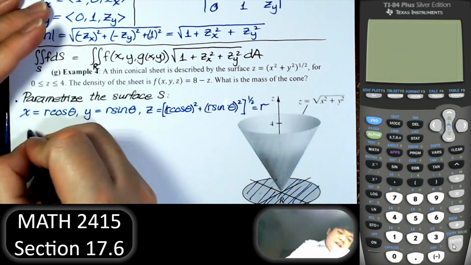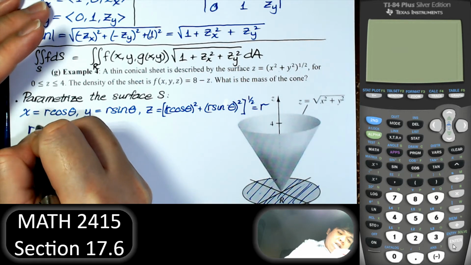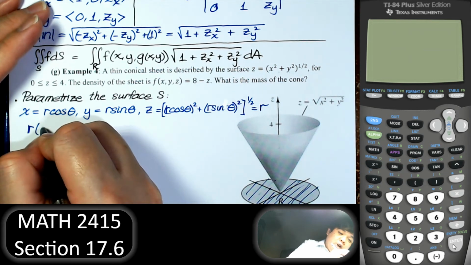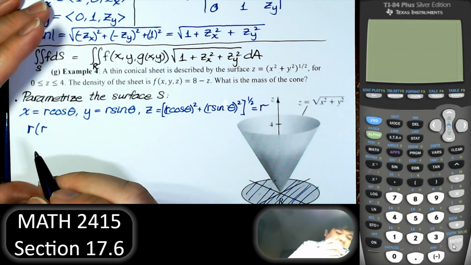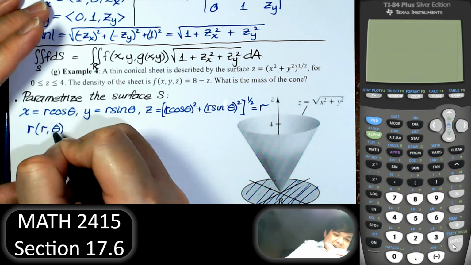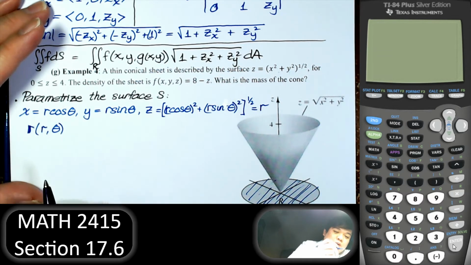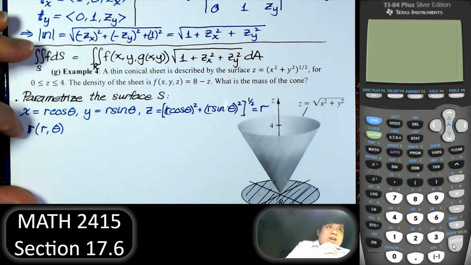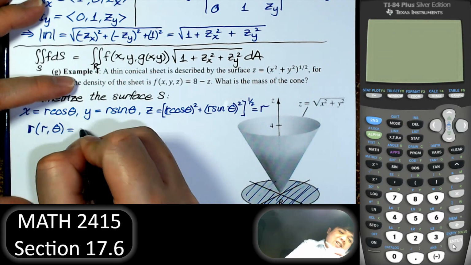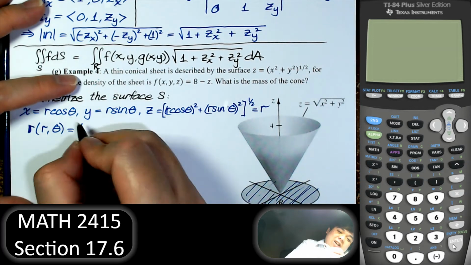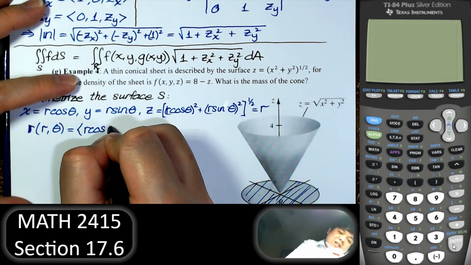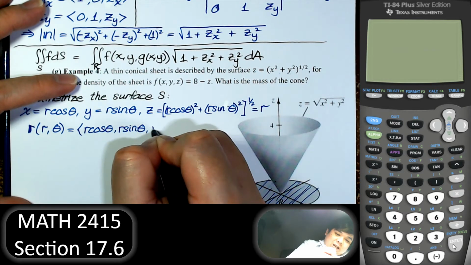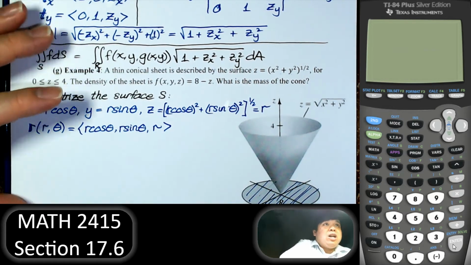So conveniently, the parameterized surface is given by two variables, r and theta. Sorry, it is bad. Usually they might refer to this with a different variable, but as long as we write it differently, it's fine. So r cosine theta, r sine theta, and r. Right, so that's good.